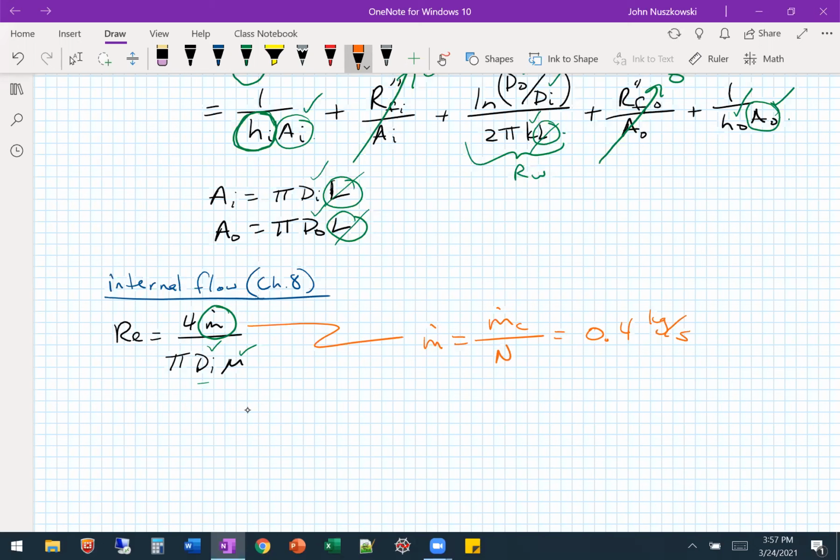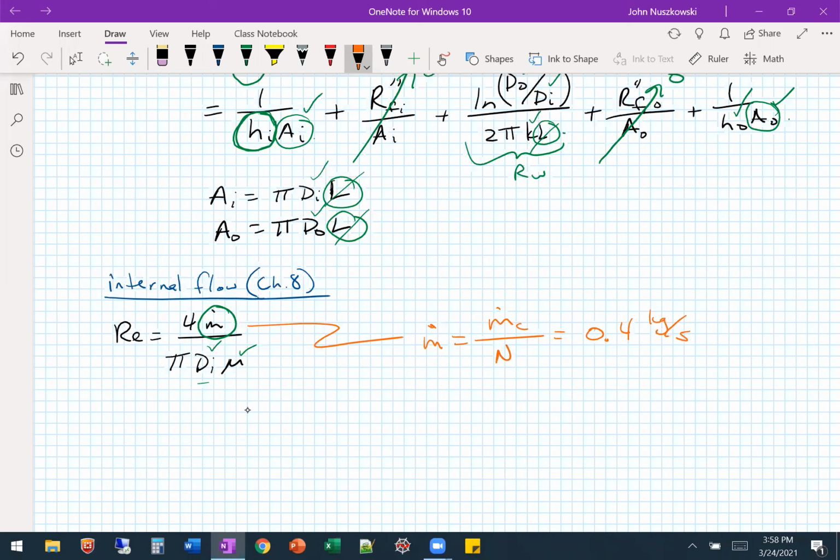So the Reynolds number in one tube is going to be the same in all those 1,000 tubes. It's a common mistake I would see when they have these many tubes. Just be careful of what equations are looking at a single tube or a bunch of tubes.